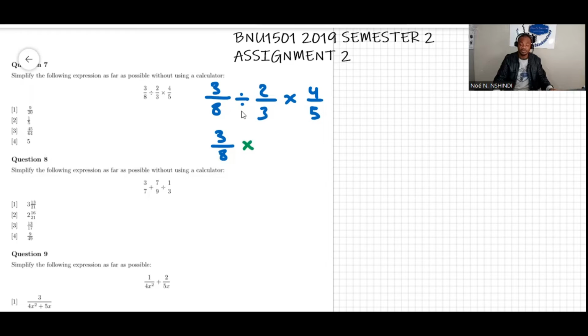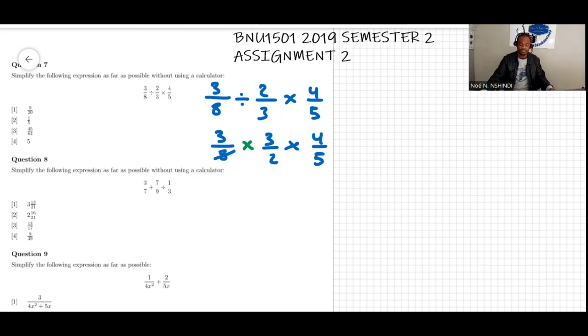Please don't simplify 3 with 3. We're going to reverse. This fraction is going to be 3 over 2, and then times 4 over 5. Now we can simplify.